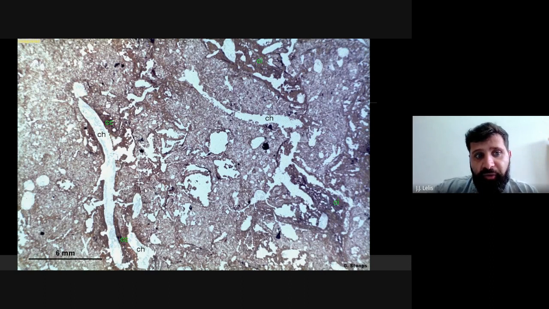Okay, so if I find channels, this kind of void shows us intense biological activity and could be related to a surface horizon or close to the surface, or a specific kind of vegetation that possesses roots at a very deep depth.